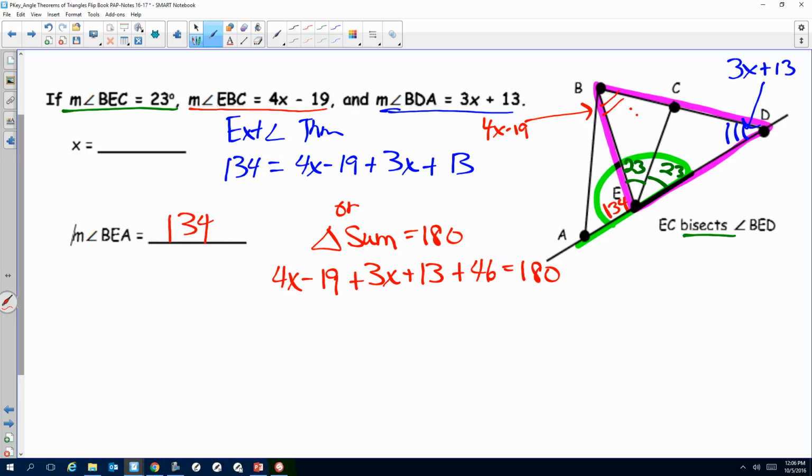We got BEA with the exterior angle theorem, that was the first thing he gave us. B to E to A, that's the exterior angle. 180 minus 46. Yeah, angle BEA.